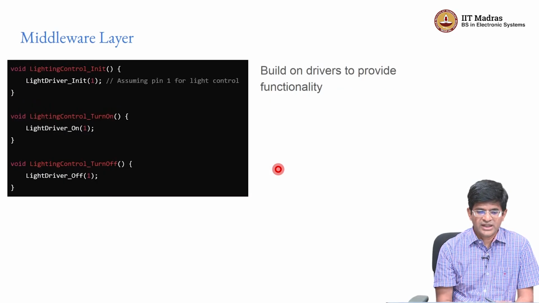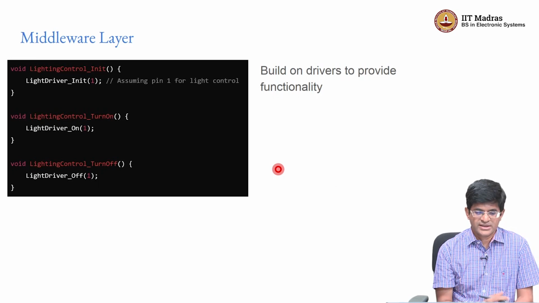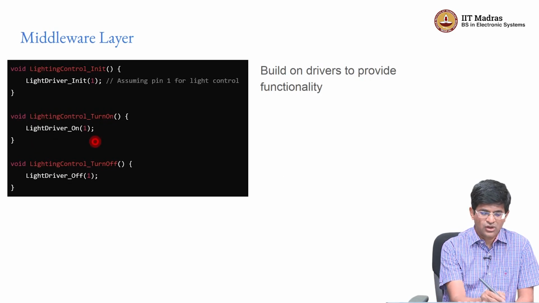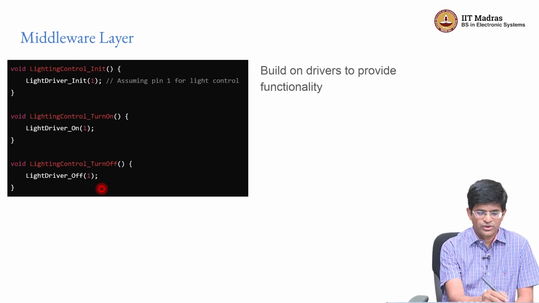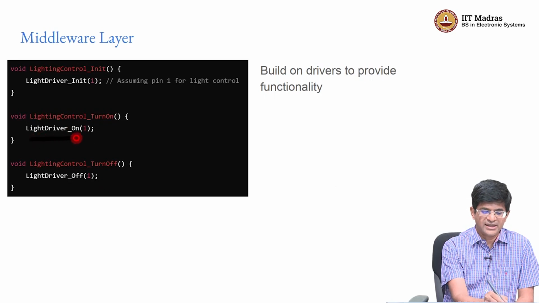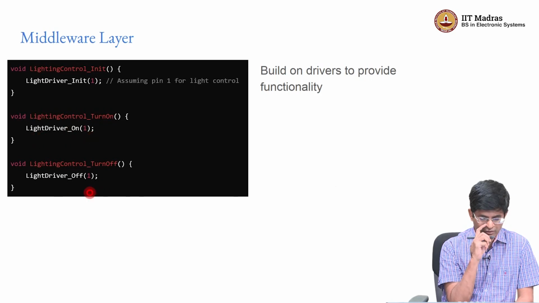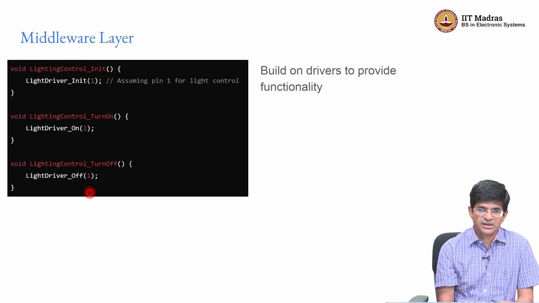Go one further level and I can actually think in terms of lighting control. I have a controller which is there on top of everything. In this case, it might look trivial. I mean, what exactly are you doing over here? I basically have a light driver on, light driver off, or you could potentially just have light driver on of 1 or light driver on of 0 in order to turn on or off a particular setting. But the point in this middleware is that you are now thinking in terms of the controller that you are actually building around it.